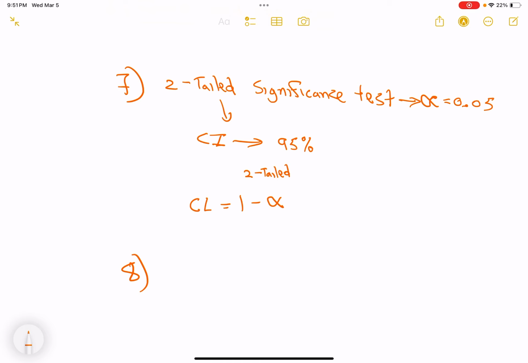You should be ready for the phrasing of if we're talking about a particular confidence interval or a two-tailed significance test or whatever it is, we would expect 95% of the time, right?